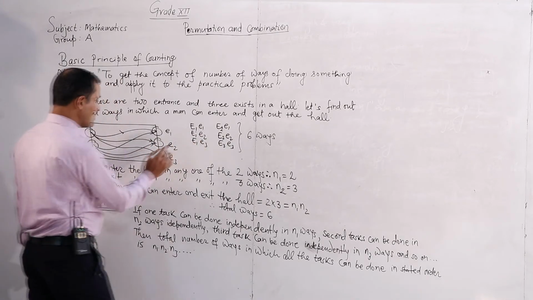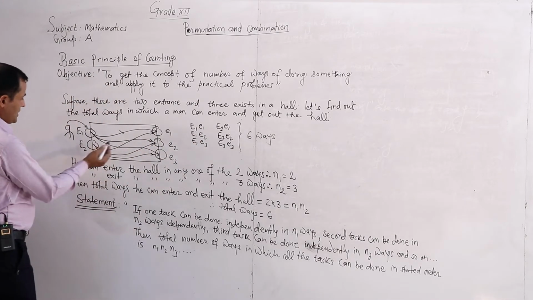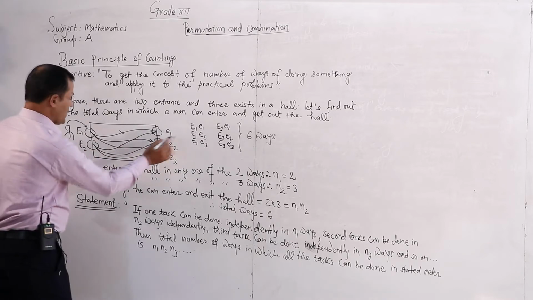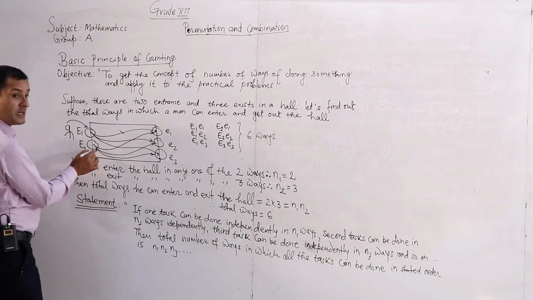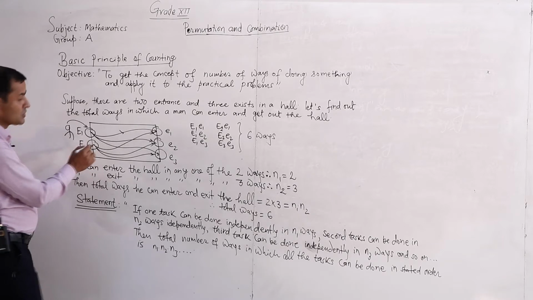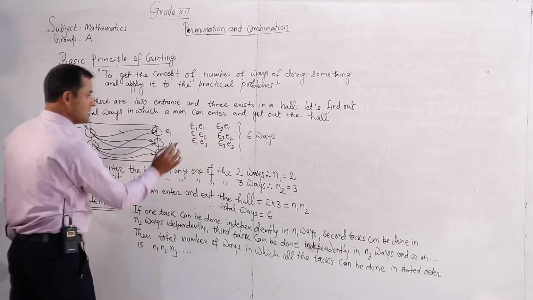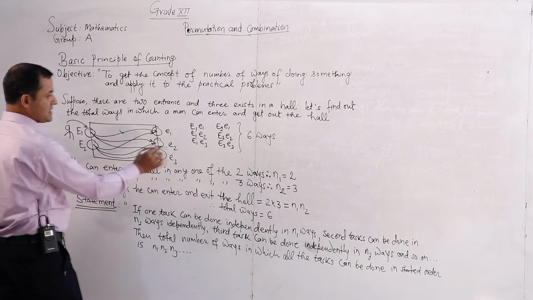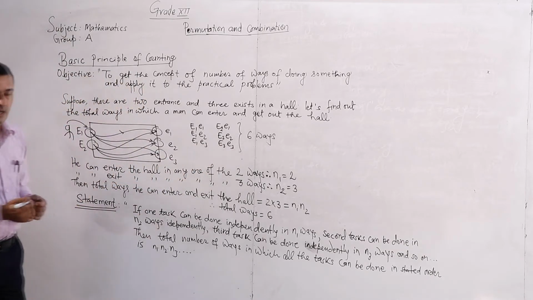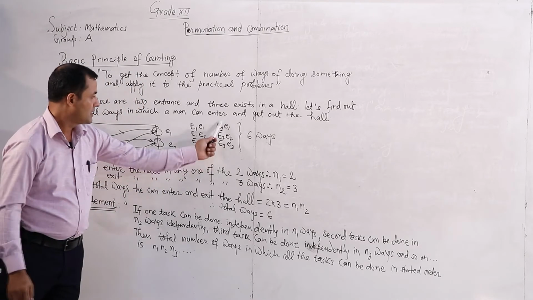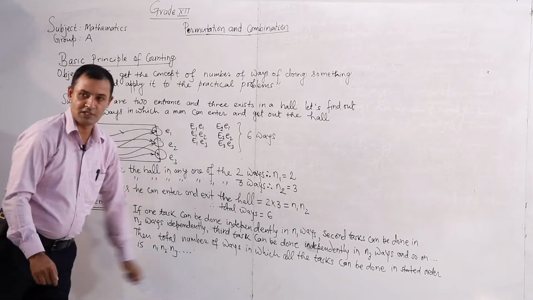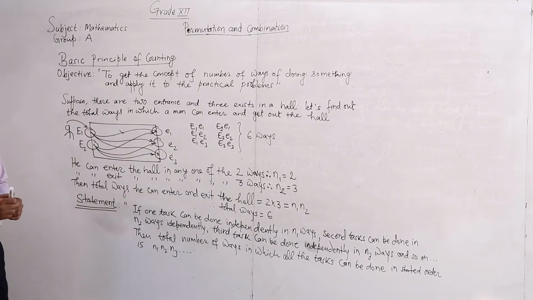So E1, e2. Similarly, it goes on E2, e1. So going inside, he can use the E2 door, and outside he can use the e1 door, and so on. So how many possible ways are there? Counting, it is 6. There are 6 possible ways.